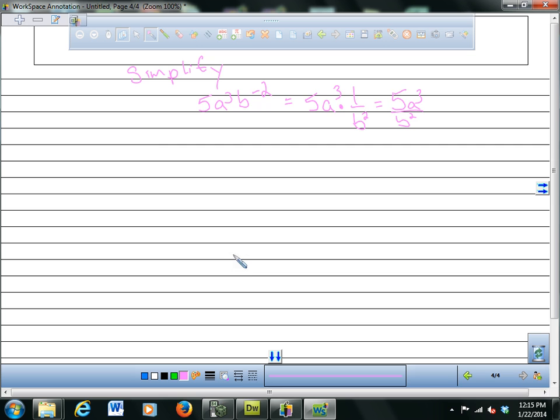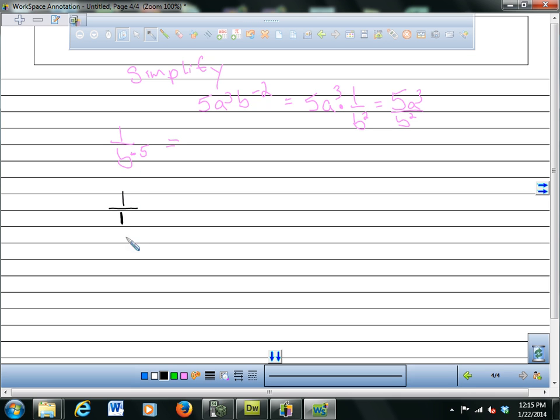Now, here's another little tricky thing. If I have a negative exponent in the bottom, like this, b to the negative 5, what do you think I could do with that? Anyone know how to rewrite that? Watch.